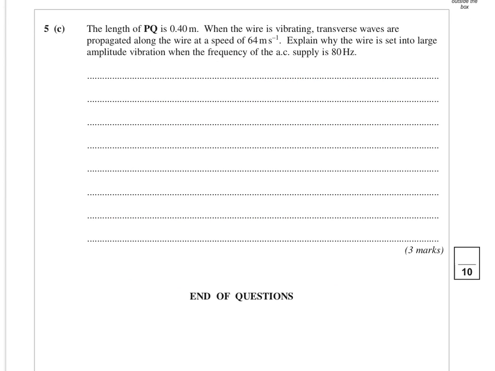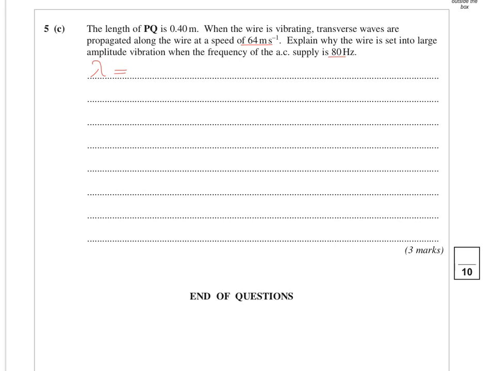Okay, so the length of PQ is 0.4 meters. When the wire is vibrating, transverse waves are propagated along the wire at a speed of 64 meters per second. Explain why the wire is set into a large amplitude vibration when the frequency of the AC supply is 80 hertz. So first, let's have a look at what we've got. We've got a velocity and we've got a frequency.